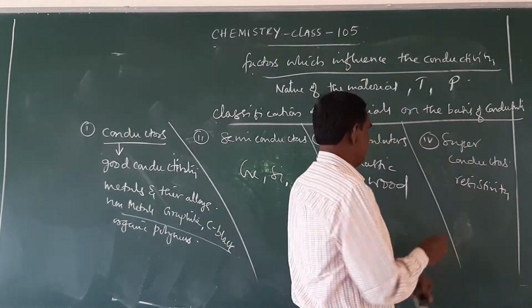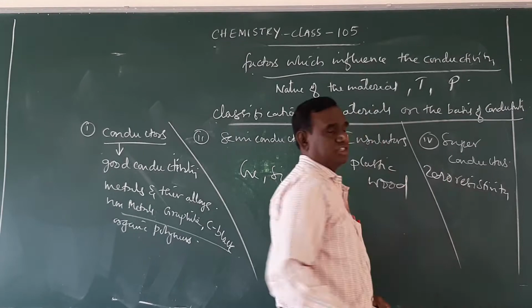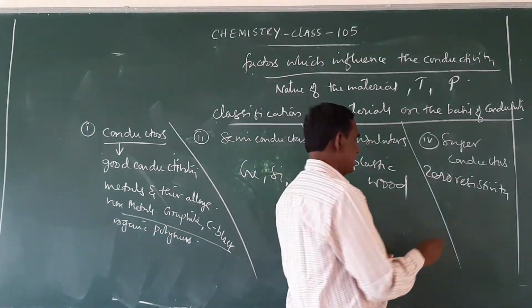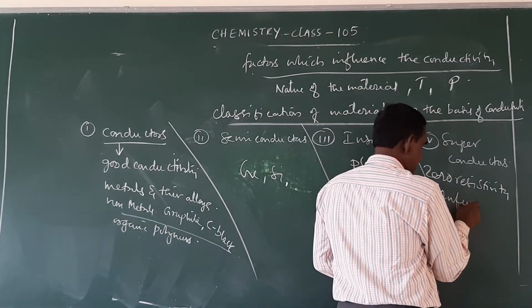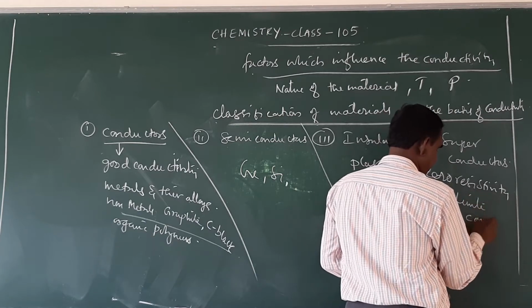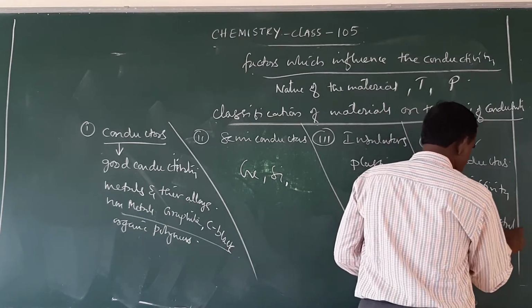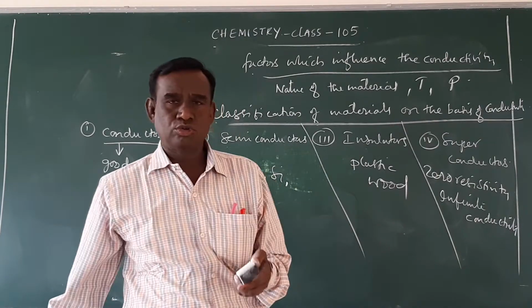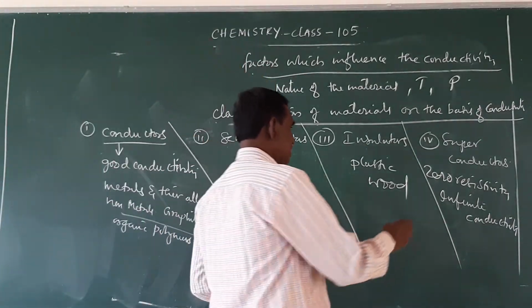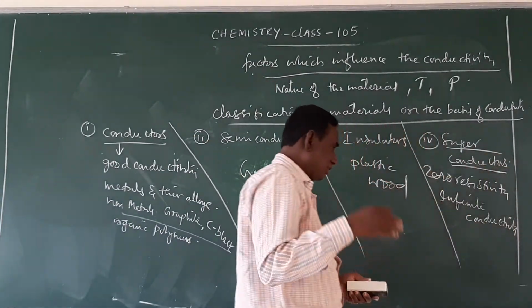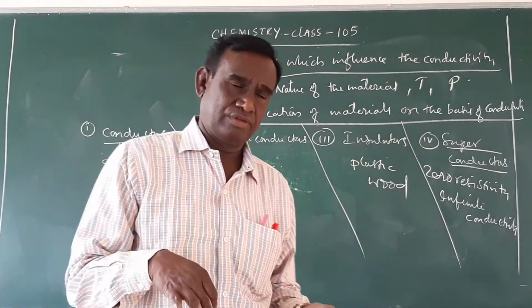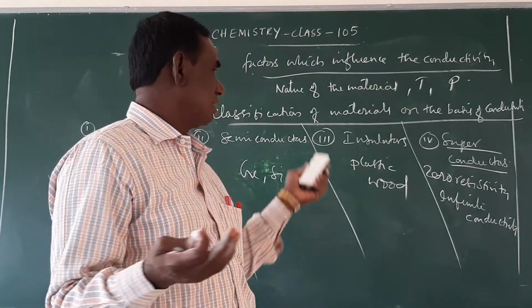Let us say they offer zero resistivity or infinite conductivity. These are the two words you can write for superconductors. The substances which offer zero resistivity or infinite conductivity are called superconductors.